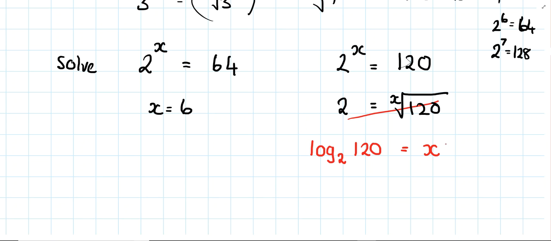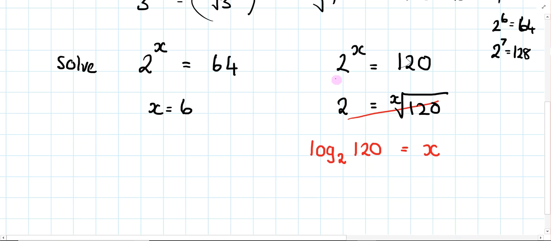But I've got log to the base 2 of 120. Now I can do it on this calculator. The manual calculators, we'll have to have a look. Right, log to the base 2 of 120. So that gives me x, that isolates the x. Now you'll notice that I said very clearly it's log to the base 2.